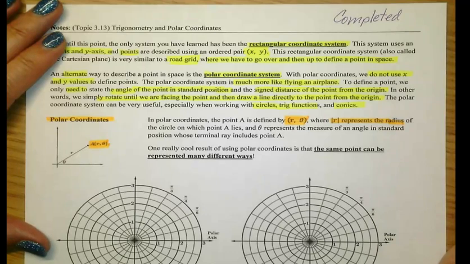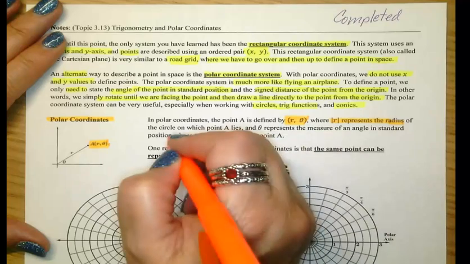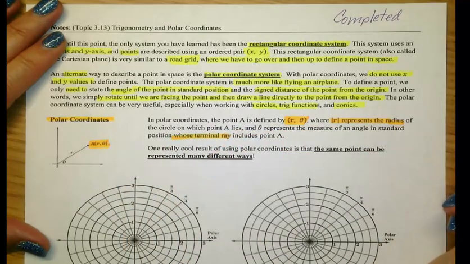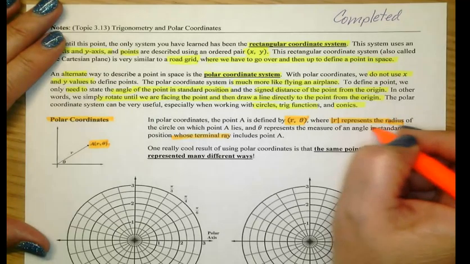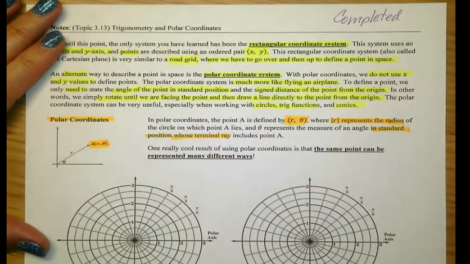And so theta represents the measure of the angle in standard position. And that means the terminal ray is what we're looking at, and that's going to include that coordinate point that we're talking about. So we still have our standard position going on here.